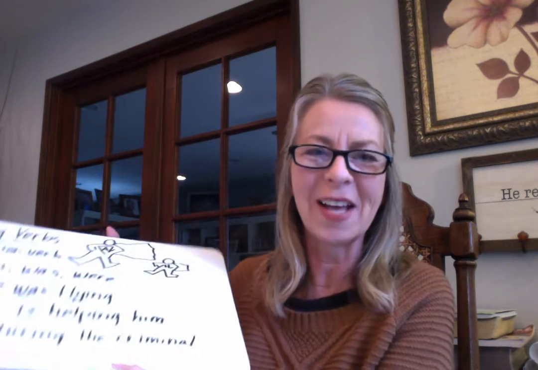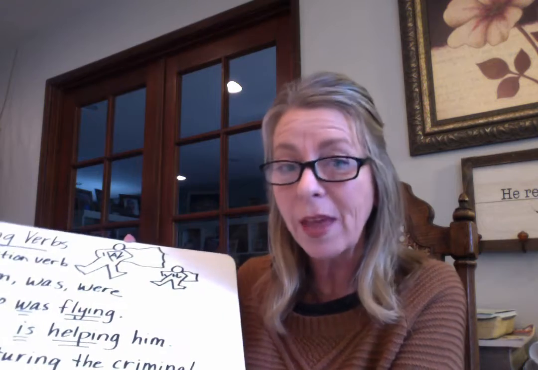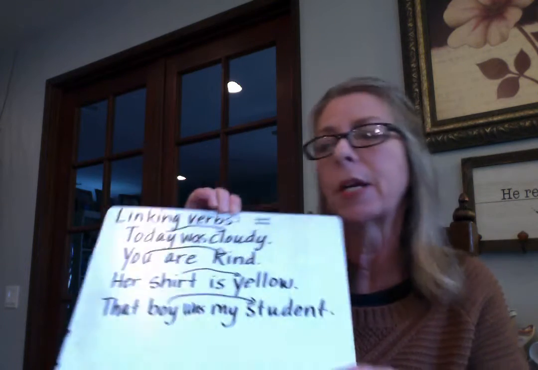Okay, now we talked about one other kind of linking verb, and that is called a helping verb. Okay, so it's the same thing: is, are, am, were, was. All of those are linking verbs, but when we put them with an action verb, they're not really doing the job of linking, where it's helping us to rename or describe a subject. It's actually working with the action verb.